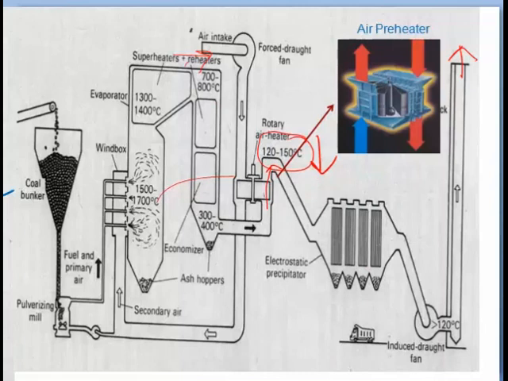If we cool this flue gas below 120 degrees centigrade, there will be chances of formation of sulfuric acid, because sulfuric acid has its dew point temperature near about 115 degrees centigrade. So we always have to keep the temperature of the flue gas more than this dew point temperature of sulfuric acid.